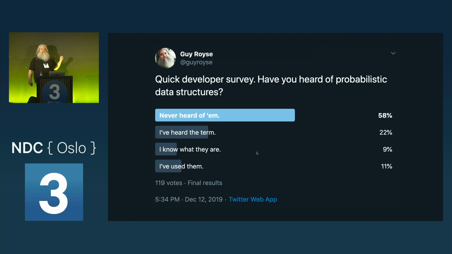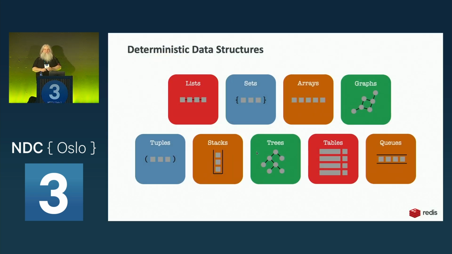But in order to explain what a probabilistic data structure is, I think it's best to talk about its evil twin, the deterministic data structure. The deterministic data structures are the ones you're already using, the ones you use every day. Lists, sets, arrays, graphs, tuples, stacks, trees, tables, queues, right?